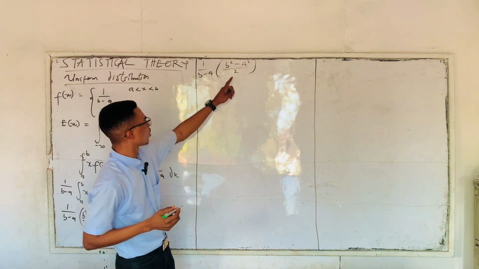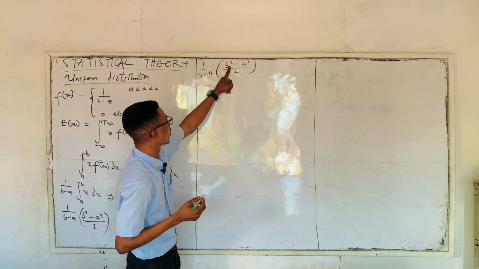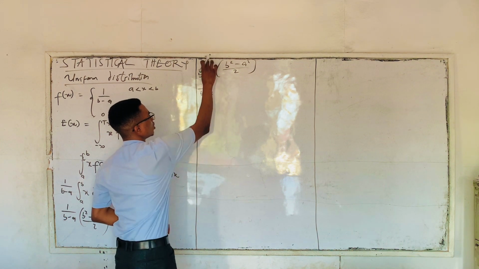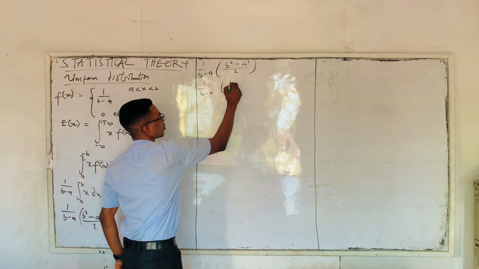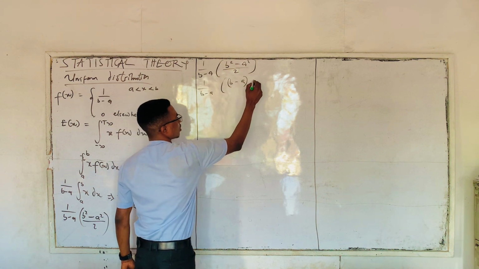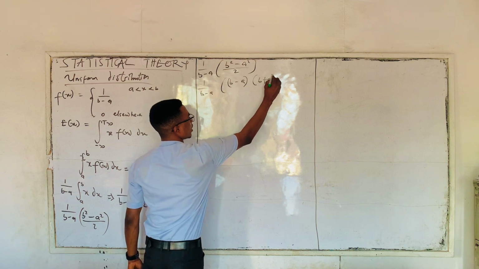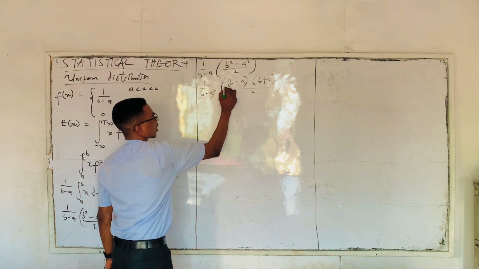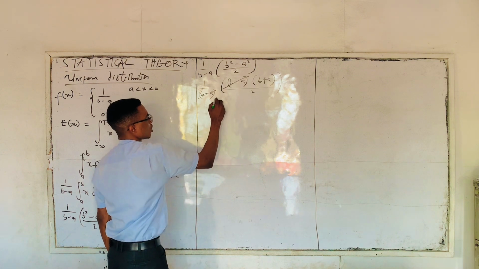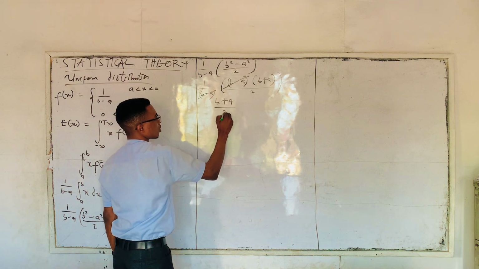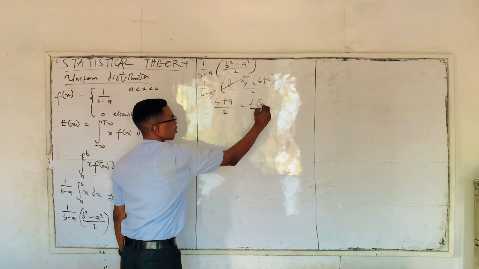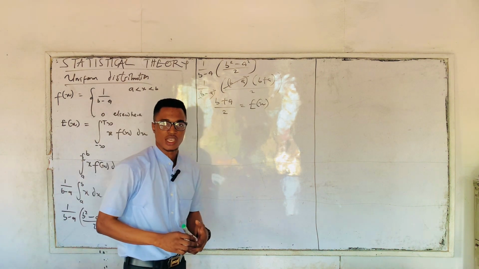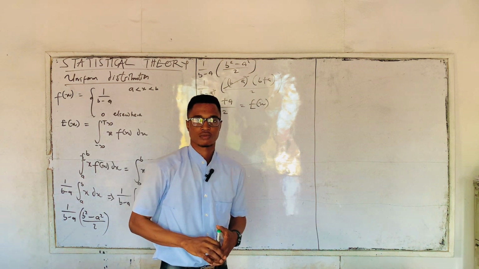But don't forget that we can also rewrite b squared minus a squared in this form: b minus a, bracket b plus a, over 2. So this cancels this. We are left with what? b plus a over 2, meaning the mean of the uniform distribution is b plus a over 2.